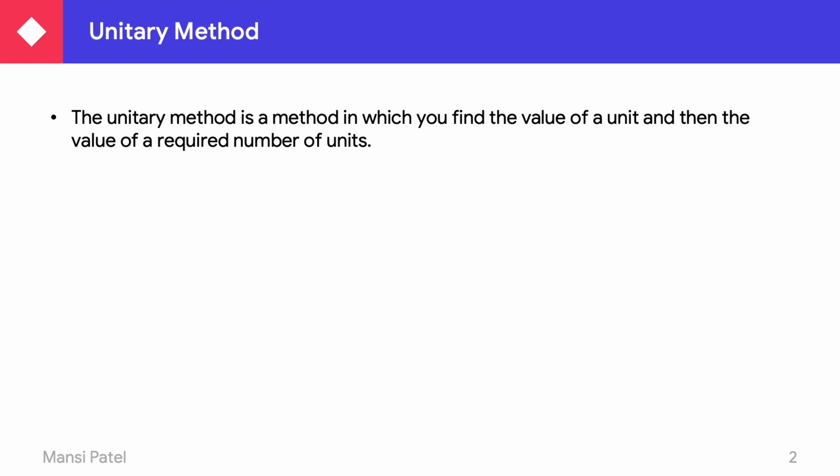A unit means one thing, and then the value of the required number of units. In the unitary method, first you have to find out the value of one thing, and then after that you have to find out the value of many things.